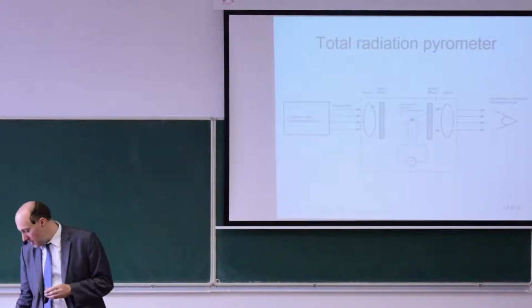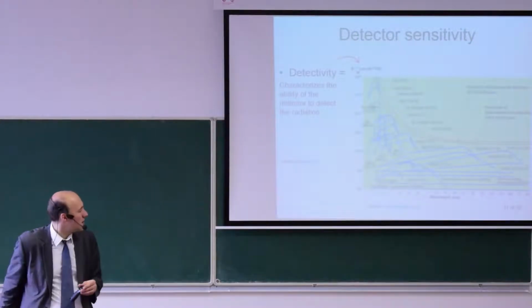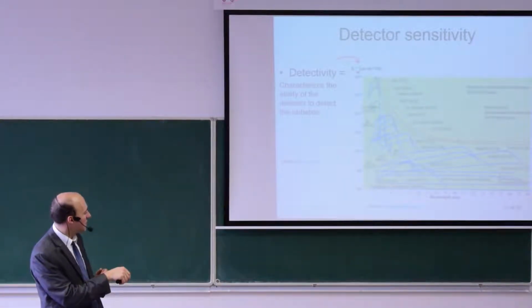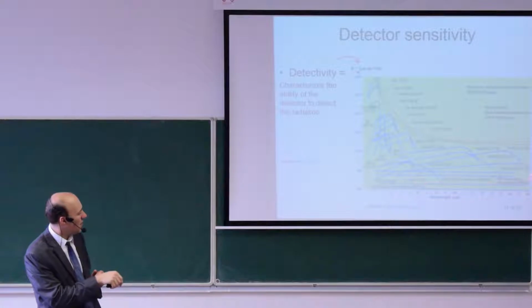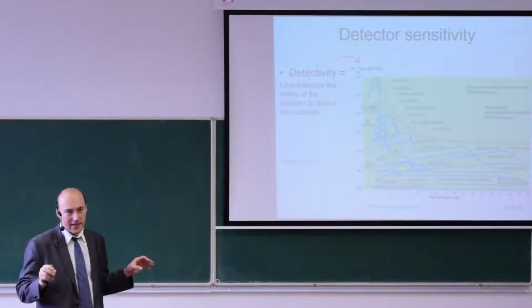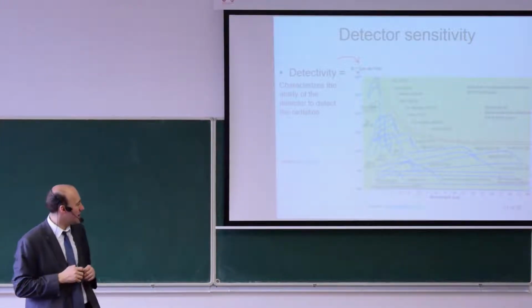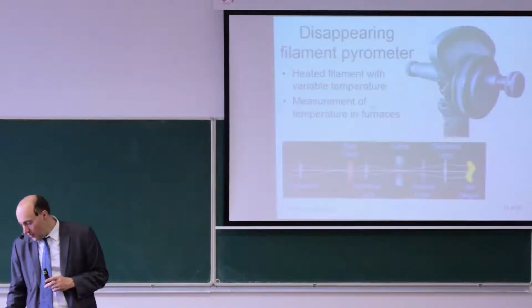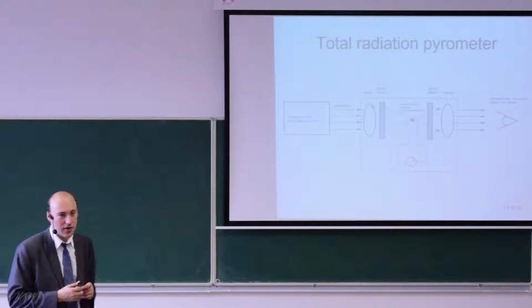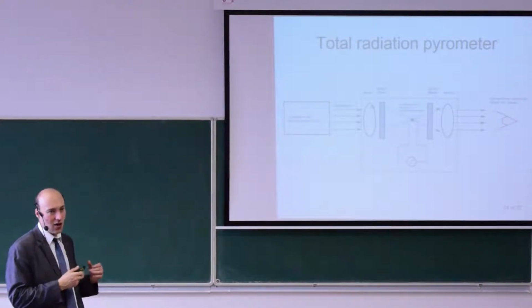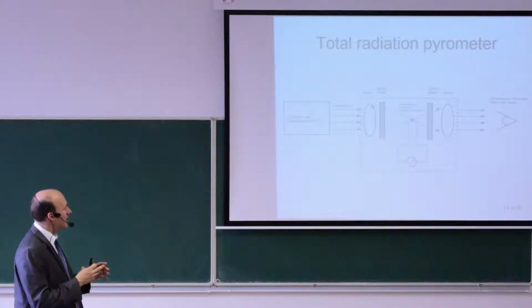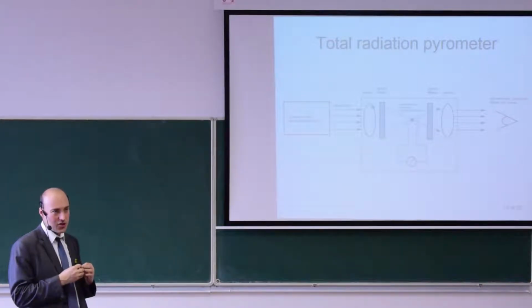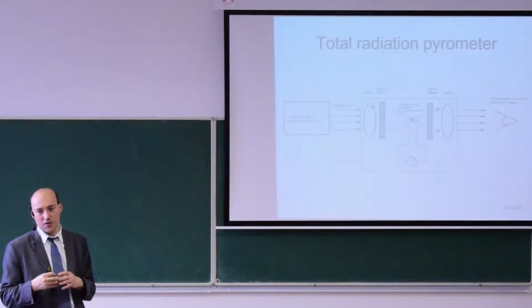As we have seen from the detector chart over here, the thermistor or thermocouple has a nice sensitivity for different wavelengths. So I can focus the radiation incoming from the object on this sensor, and I can measure what is the temperature of the sensor.